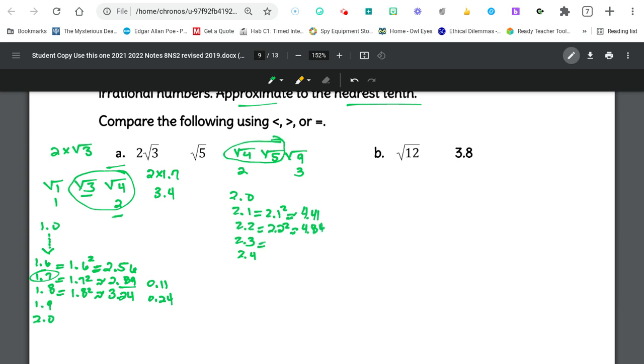Pretty close to 5. 5.29. Okay. I know 5's in between these two. So I check. It's either 2.2 or 2.3. This is like 16 cents away from $5. And this is 29 cents away from 5. So 2.2 is closer.